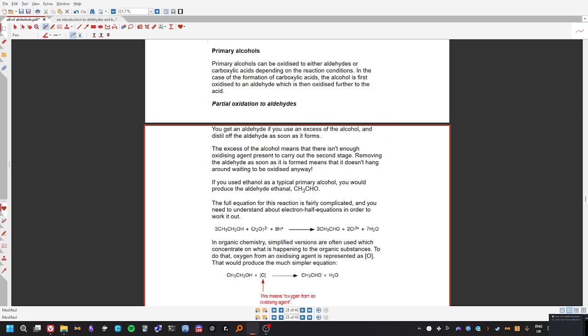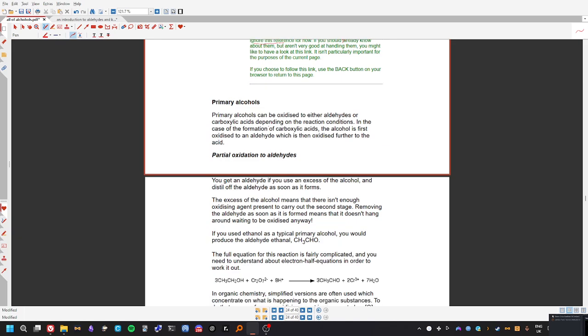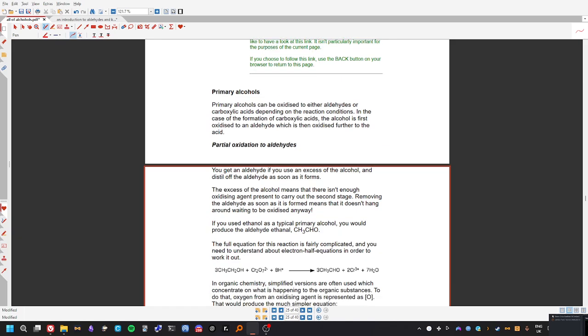So now, primary alcohols. When you oxidize primary alcohols, they can be oxidized to either aldehydes or carboxylic acids, depending on the reaction conditions. So the reaction conditions are going to be the independent variable. The dependent variable is what functional group is going to be formed.